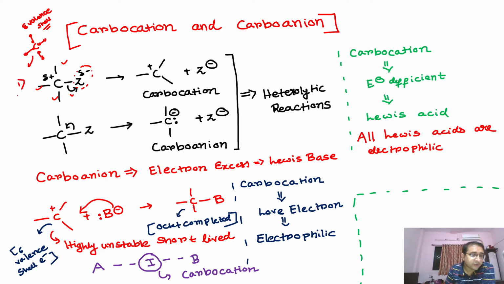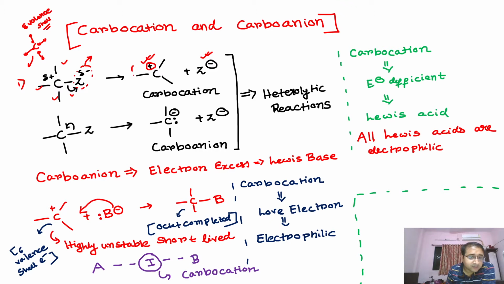In the first way, the electrons associated with this carbon Z bond will go to this Z atom. So you can see that the carbon atom will lose 1 electron, so this carbon atom will become electron positive. On the other hand, the excess electron will come to this Z atom, so it will possess one negative charge.